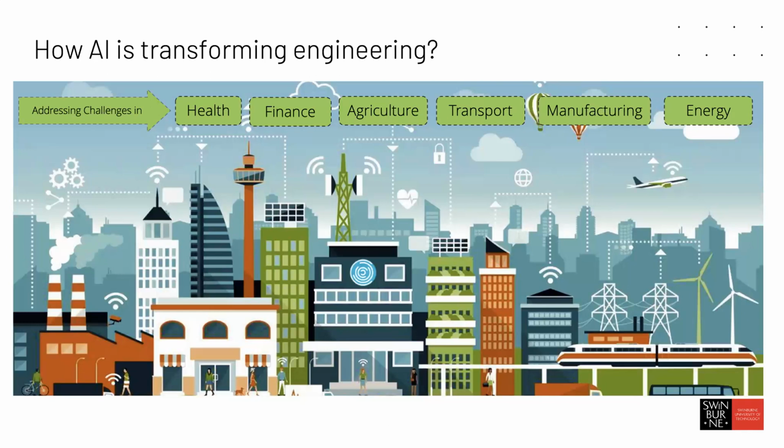AI is transforming industries by providing tools to improve productivities. So nowadays, we can see the changes in different vertical domains, such as health, finance, agriculture, transport, and manufacturing. So we can utilize the AI as a tool to do different types of tasks. Those include advanced data analytics, visualization, collaboration online, and project management.